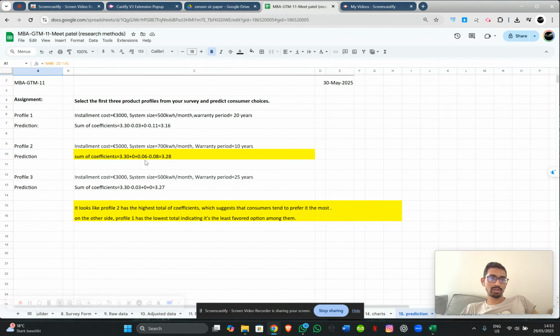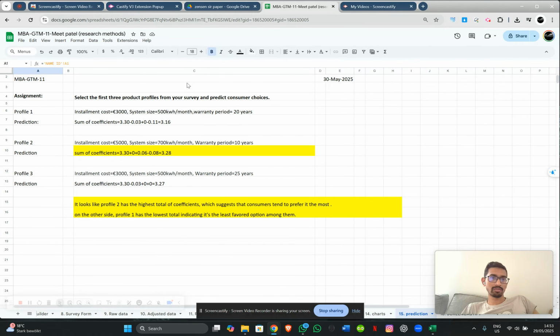The last slide is about my prediction of consumer choice. The first profile is 3,000, system size of 500, and warranty period of 20 years, and the prediction is 3.16. For the second profile I would choose 5,000, and the predicted value is 3.28.